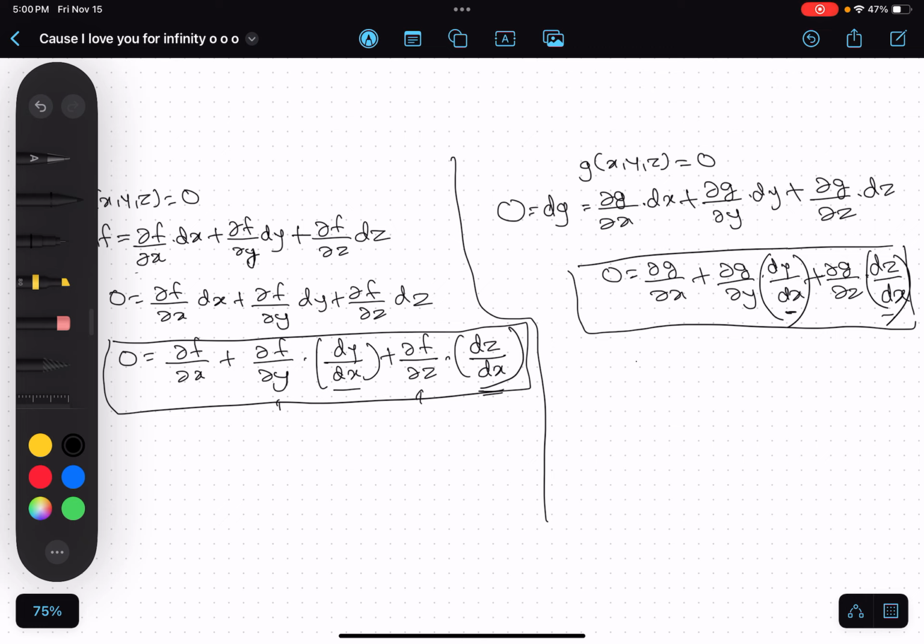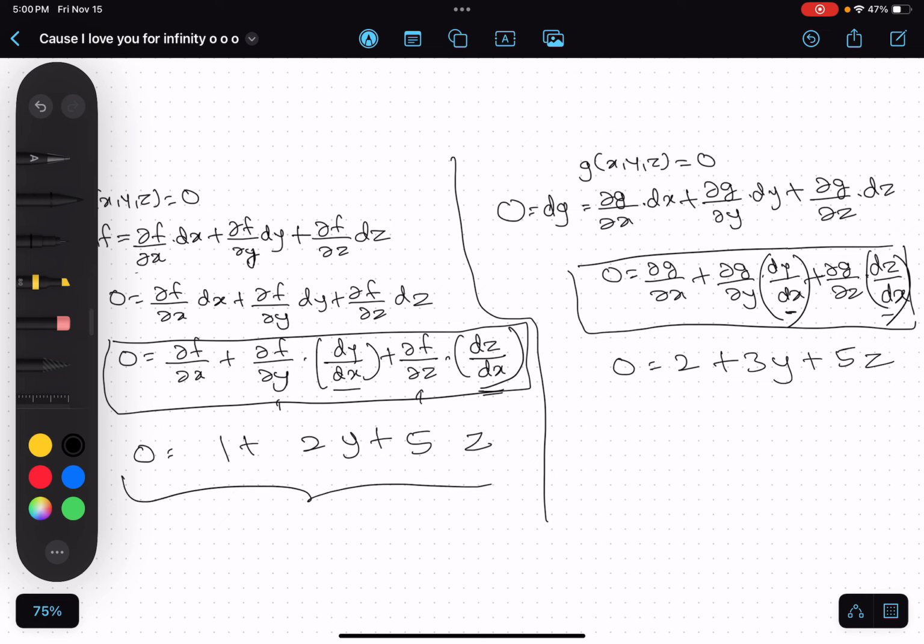So we can see it as, let's say, 0 equals 2 plus 3y plus 5z, and also 0 equals 1 plus 2y plus 5z, something like that, right? How would you solve for it? You will invoke the techniques of simultaneous equations, like maybe Cramer's rule. Guys, I will use Cramer's rule in this case because that's the simplest one.